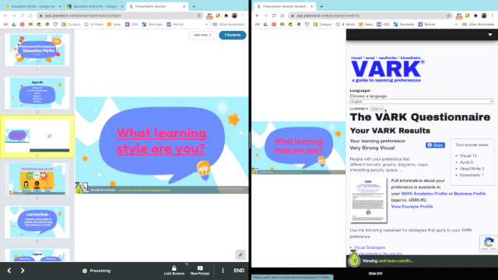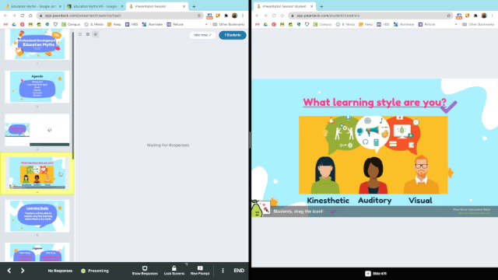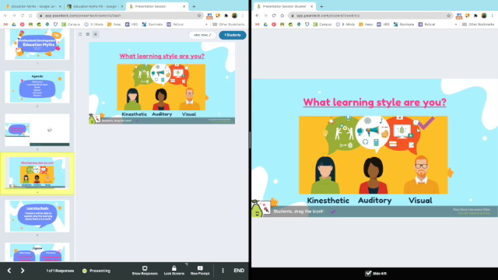So once all my participants feel like they've taken it appropriately, I'm then going to move on to the next slide and have my participants take the check mark that they see on their screen and move it to which learning style they got. And this will be a fun way for us to start talking about the learning styles and how they affect us.